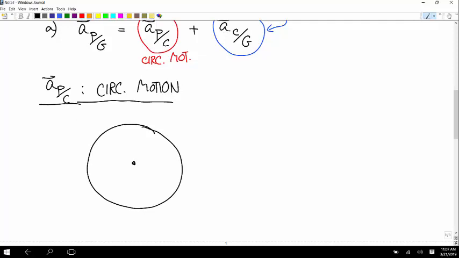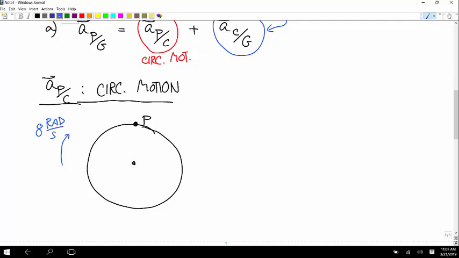So for this, since it's relative to C, we're just treating the center like it's fixed, and we're trying to figure out the acceleration of this point P. The angular velocity, I gave it before, is 8 radians per second clockwise.